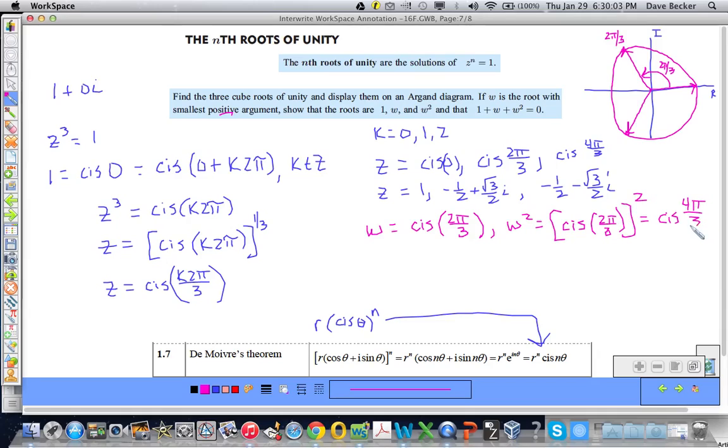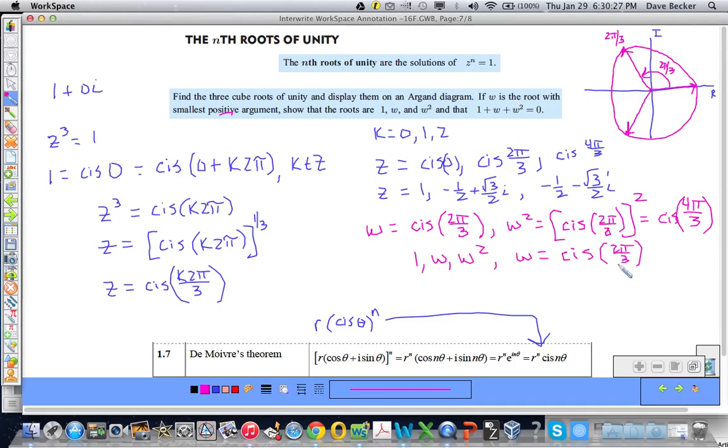Just say, yes, of course, right? So clearly the roots are 1, w, and w squared, where w equals cis of 2 pi over 3.